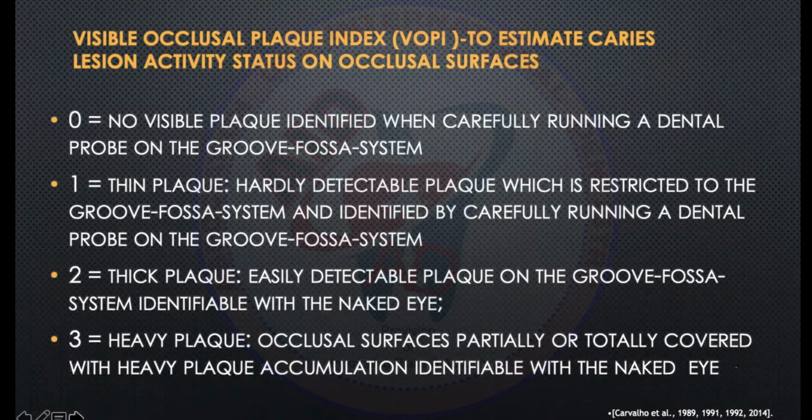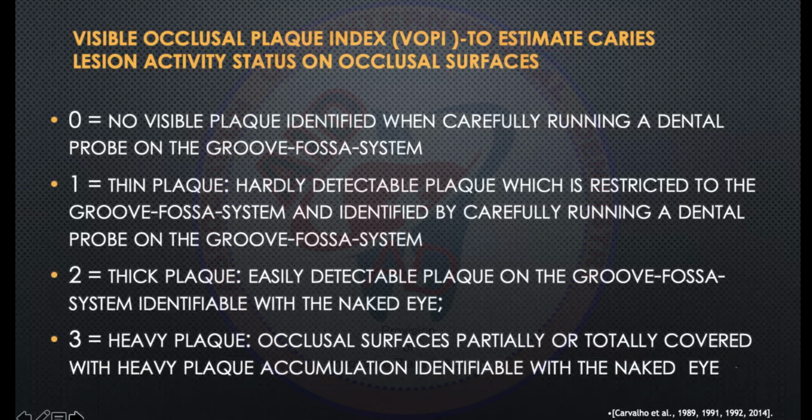Suppose you suspect a carious lesion on the occlusal surface, and then you find a lot of plaque, maybe index 2 or index 3. Then you can suspect that this lesion could be an active lesion, right? We have already given you the detail of how we check the plaque for this index, which is called the visual occlusal plaque index.